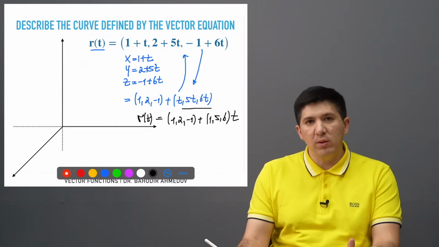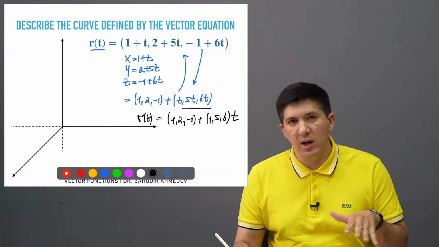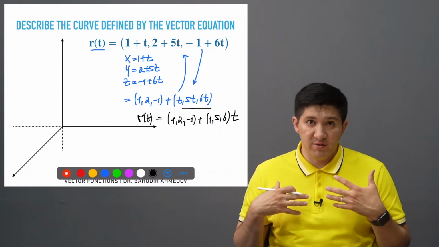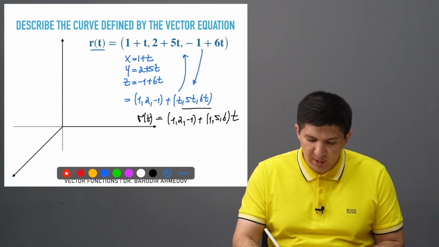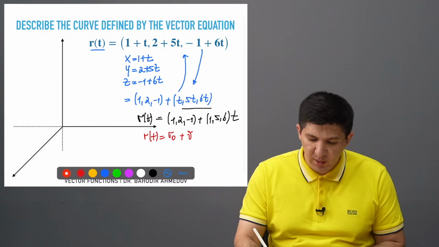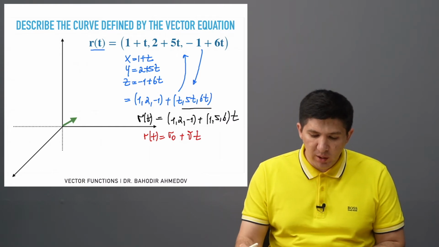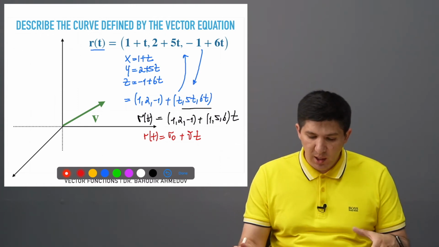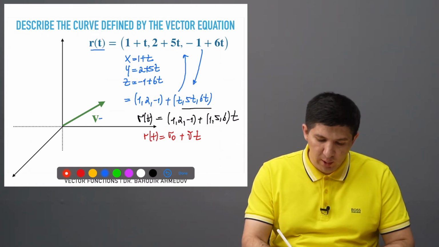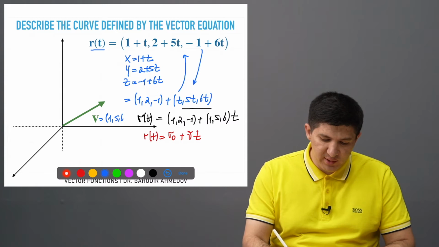And if you remember, this looks very much like a vector equation of a line. The equation of a line is given as r of t is equal to r0 plus v times t, where v is going to be parallel to this line, with the components 1, 5, and 6.